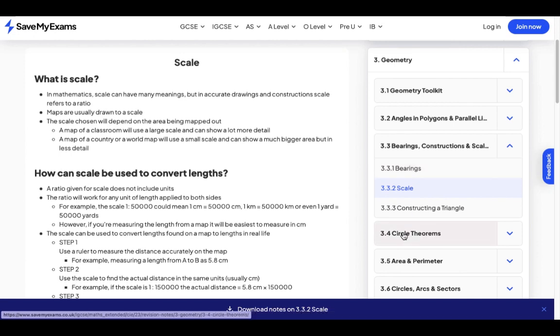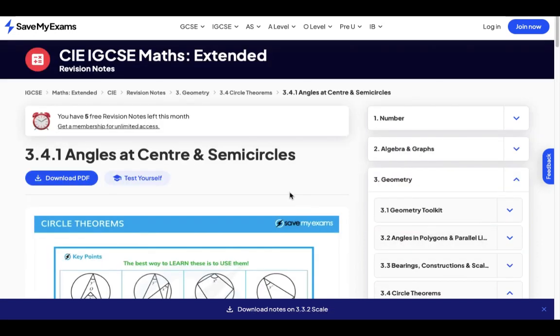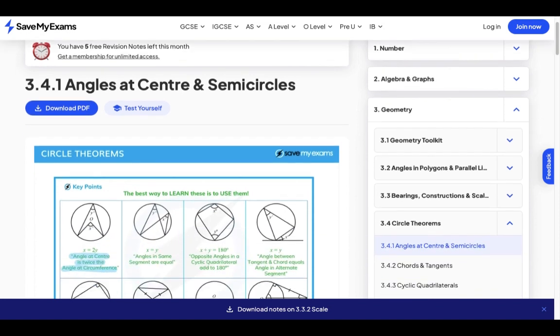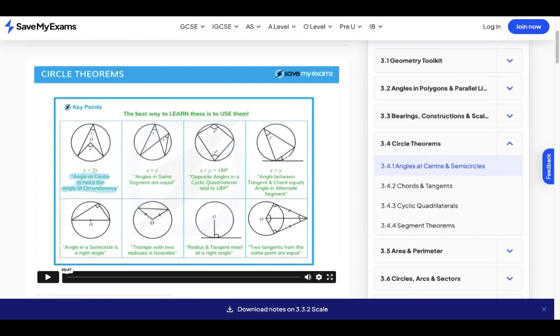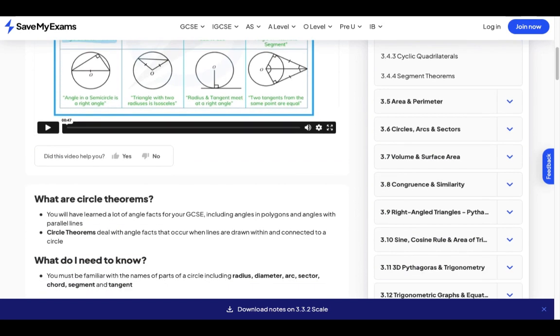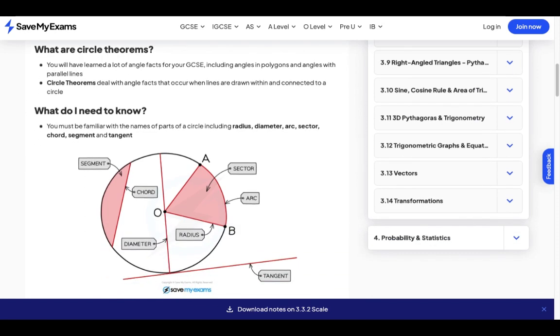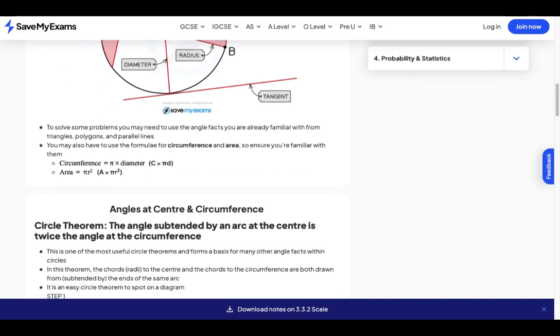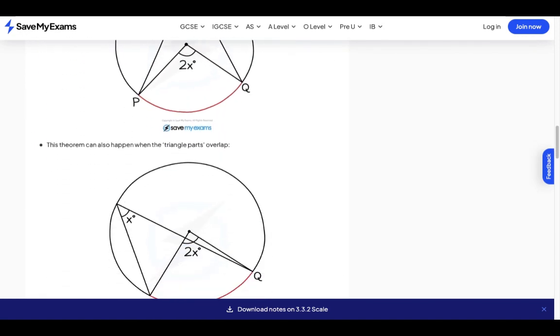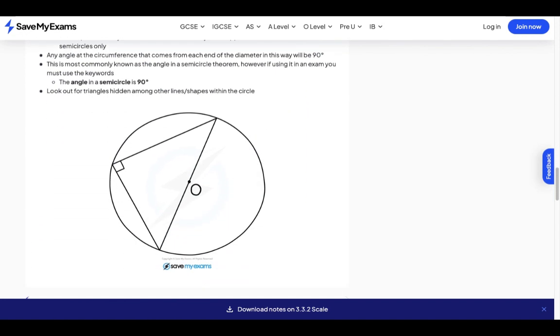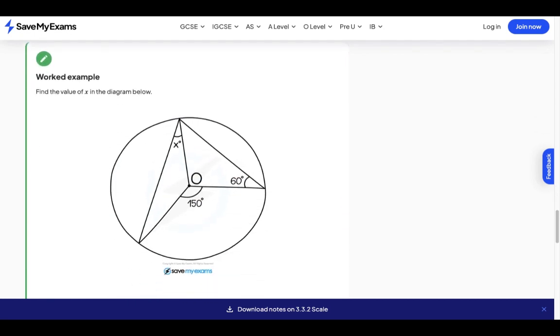Now we go to circle theory. This one. Okay, yeah, we're doing this one as circle theory.